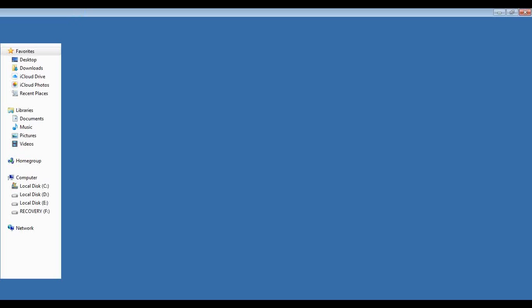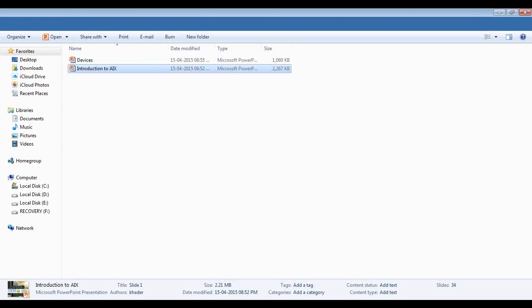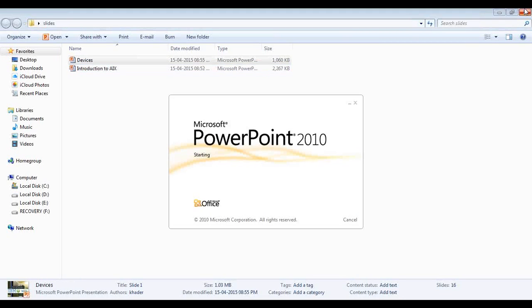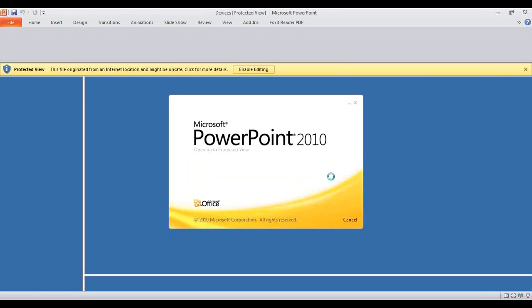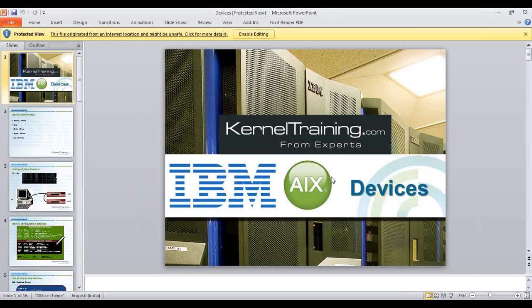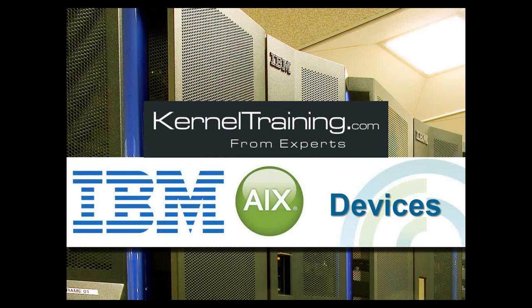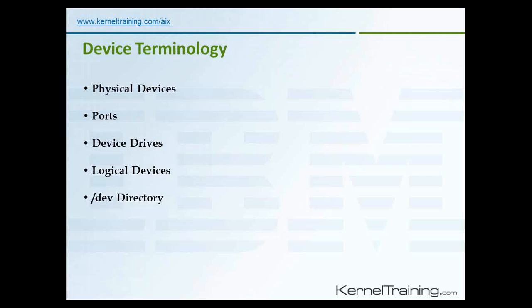Let's see the first chapter after the introduction, that would be devices. Now, what is a device? How do we work with devices, and the different theory related to devices. Basically, there can be many devices in your machine.